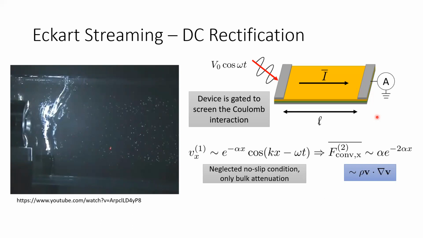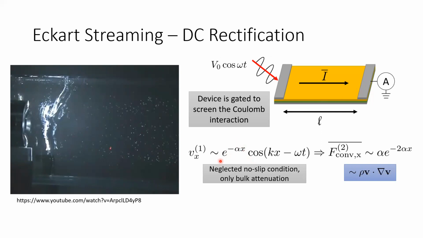And so at leading order, this oscillating voltage will give rise to some kind of traveling wave in my device. Now this traveling wave, because you have resistivity and viscosity and other dissipative mechanisms, it will attenuate. And this is shown by this exponential decay alpha.